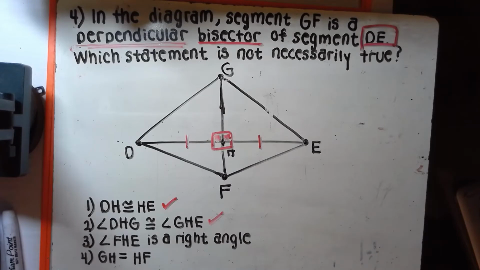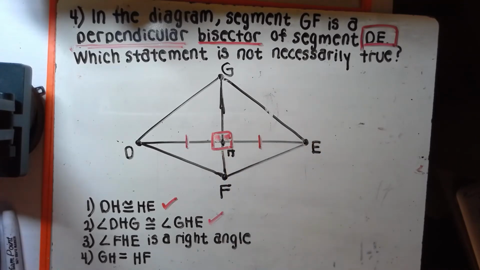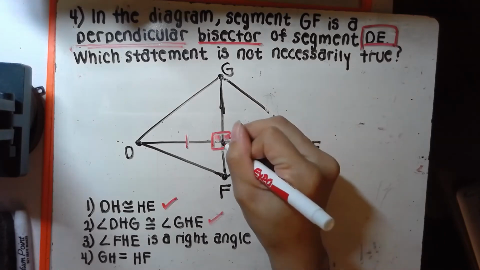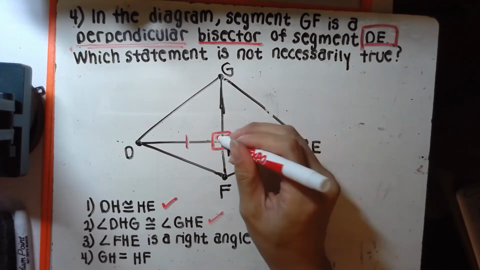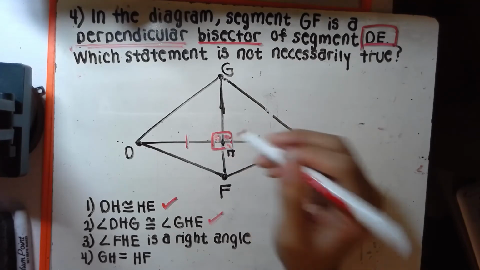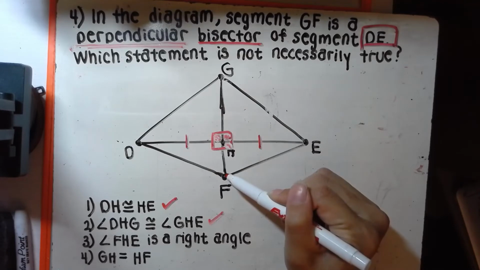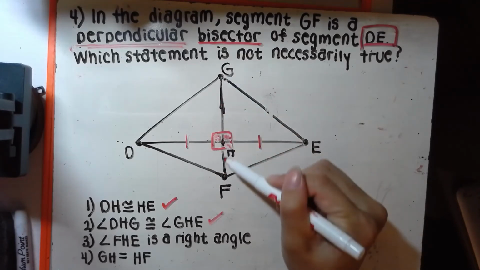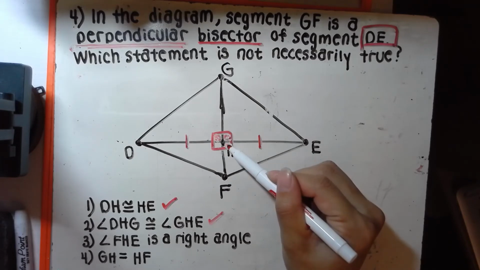Angle FHE is a right angle. Well, FHE is right here, and it also happens to be a right angle. Because we know that if these two are right angles, over here we have a line, and the line is 180 degrees. So 180 minus that 90 degrees is also going to give us 90 degrees.